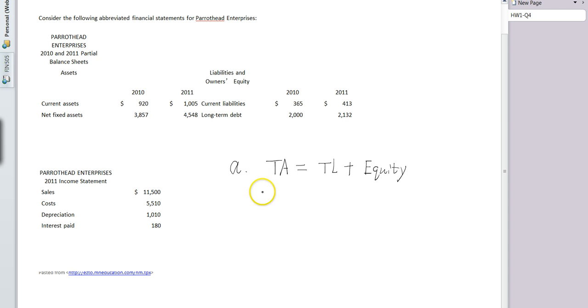And total assets further equals current assets plus net fixed assets. That's my left hand side. And the right hand side, the total liabilities, that further equals current liabilities plus long-term debt, and then equity.